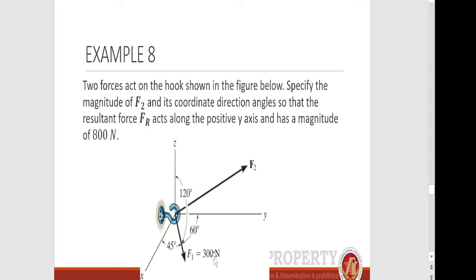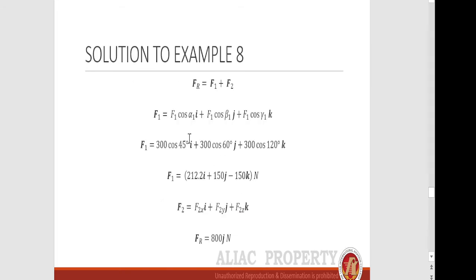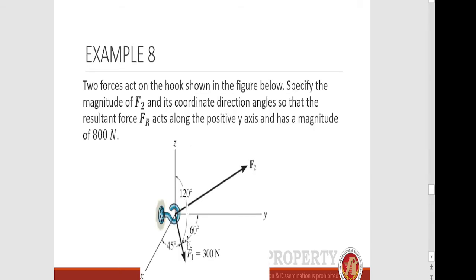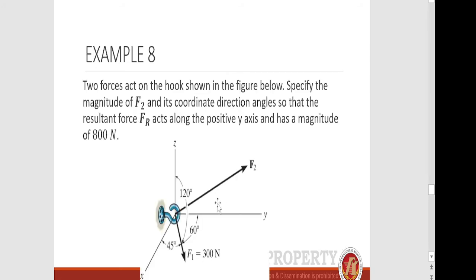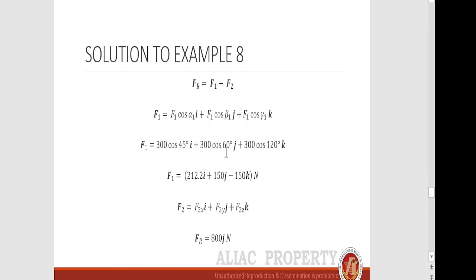F1 is given as 300 newtons. Cos alpha, that means the angle made by the vector to the x-axis, 45 degrees. Substitute. F1 cos beta, beta is the angle made to the y-axis, that is 60 degrees. Substitute again here. F1 is given 300.